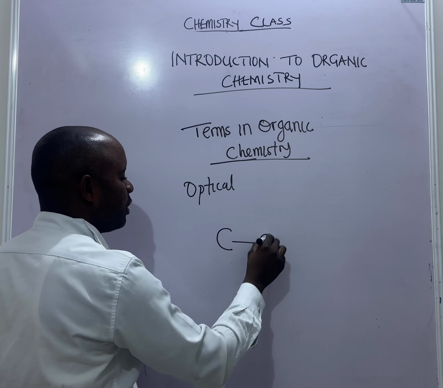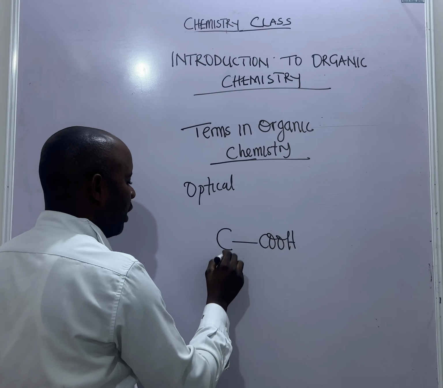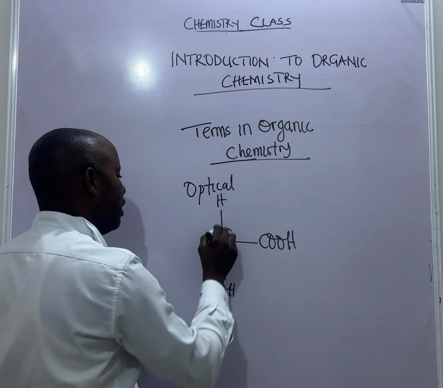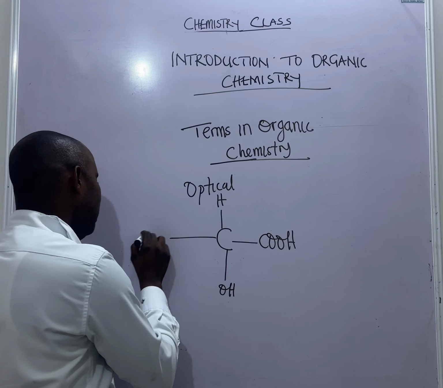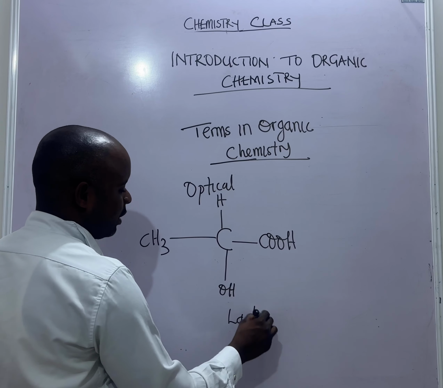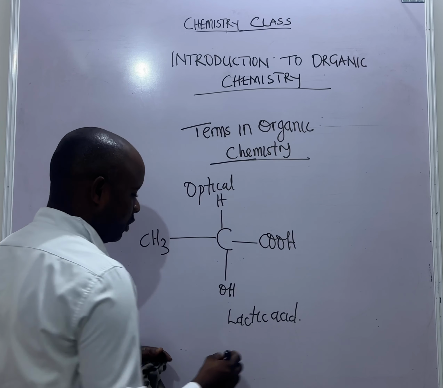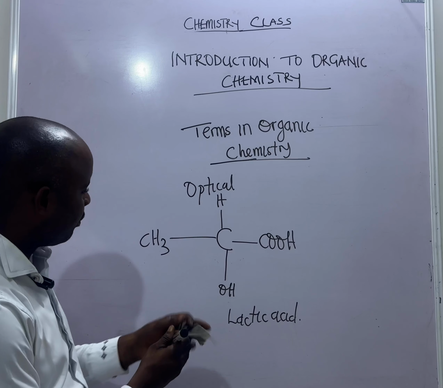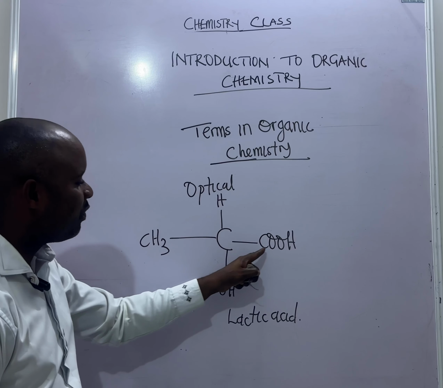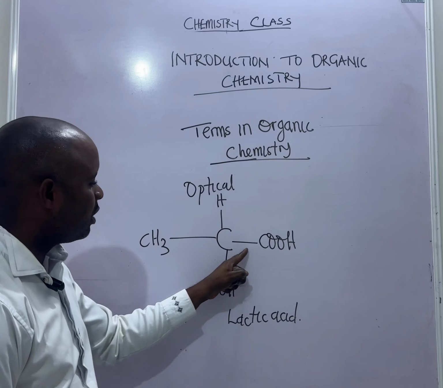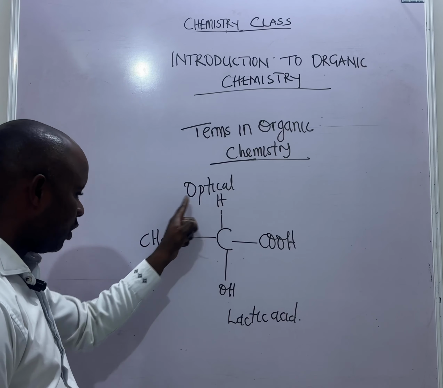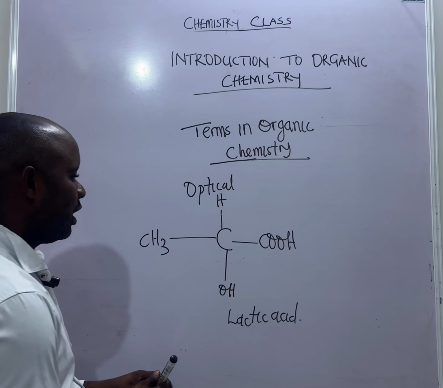Let's use COOH, OH, H, and the methyl group. This is known as lactic acid. You can see this carbon is bonded to COOH, OH, a methyl group, and hydrogen, so they are asymmetric to each other.